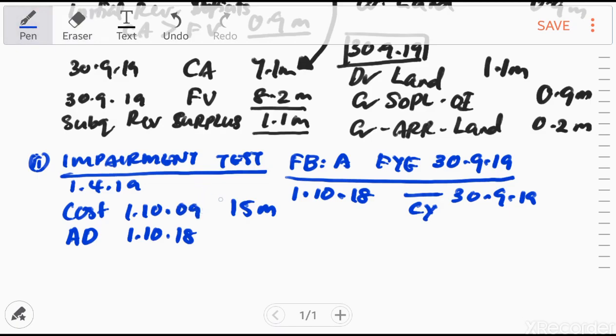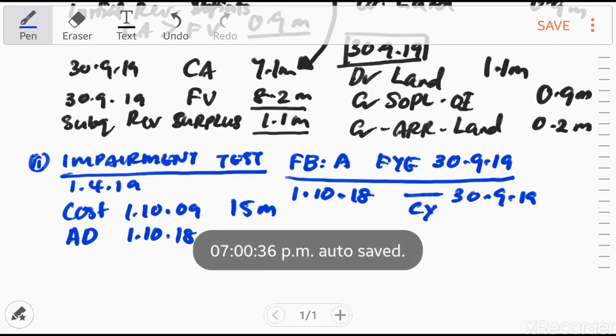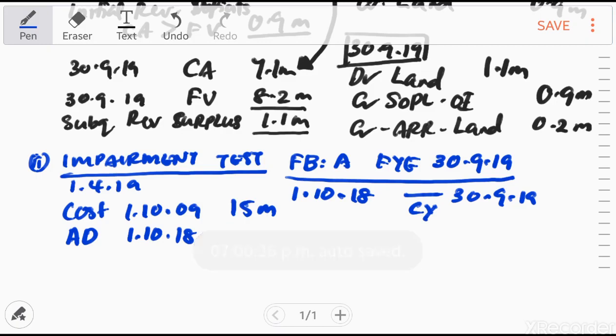I apologize for the error. So you will calculate the accumulated depreciation starting from 1st of October 09 up till 1st of October 18. And please take note that the factory building is on a monthly basis, so you will provide depreciation based on months of ownership, right?